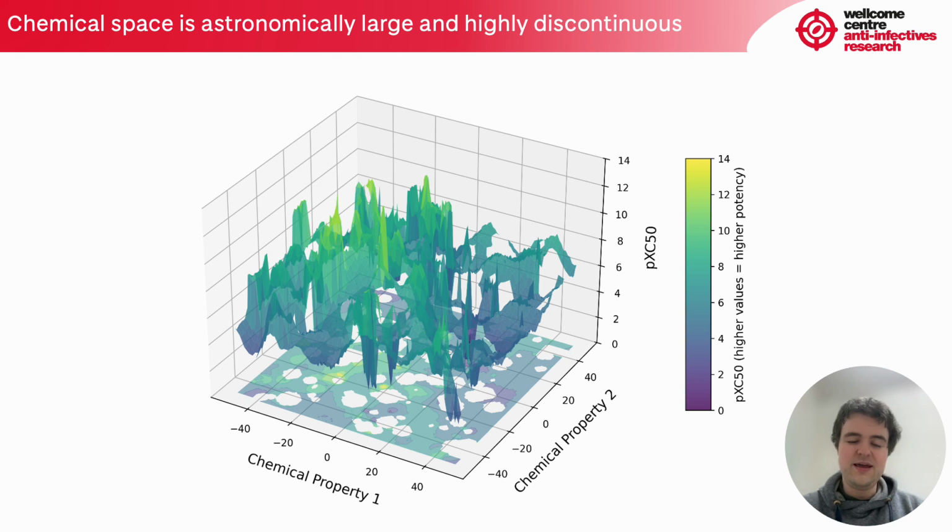This ties back to the example of traversing deep chemical space. Another aspect we have to keep in mind is that chemical space is astronomically large, but it's also highly discontinuous. That is, there are plenty of gaps inside the chemical space. There are areas which we may be able to design on a computer, where we can draw a depiction of that molecule, but in practice we may never be able to synthesize them.